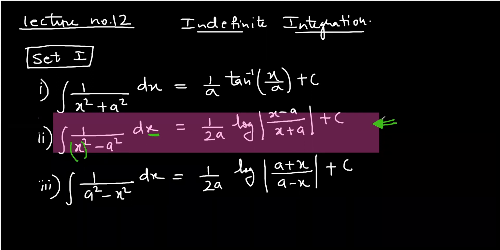Okay, this result. And remember students, these results are very specific. Like I have 1 over x square minus a square dx. So remember, once it is x square minus a square dx, you cannot have anything other than x.